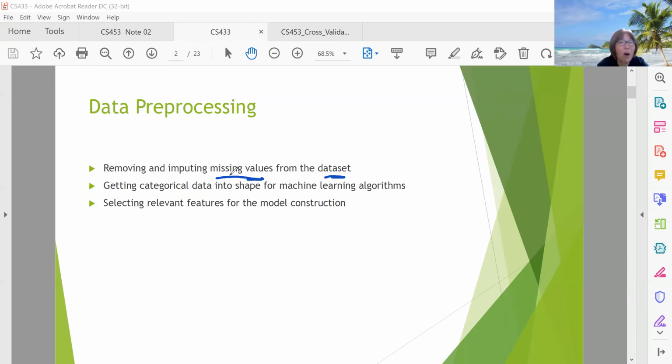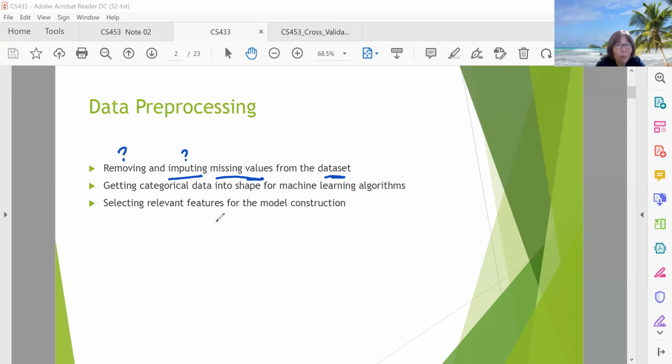How are we going to deal with it? If you recall previously in Python, we learned dropna and fillna to deal with missing data. But with machine learning, how are we going to handle that? Do we just remove, or how are we going to do the imputing?